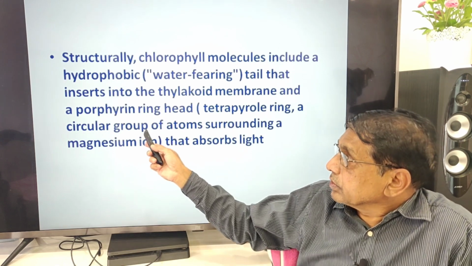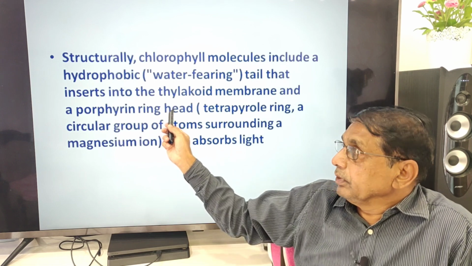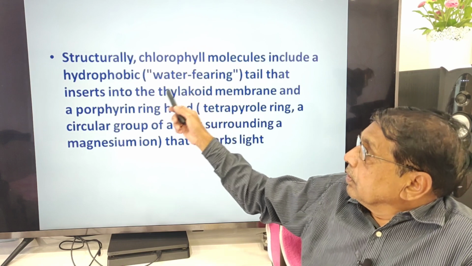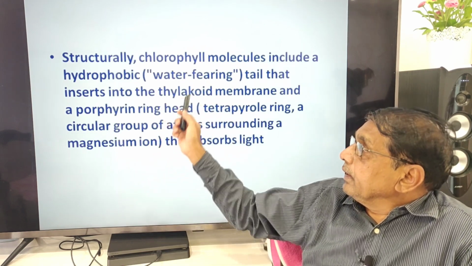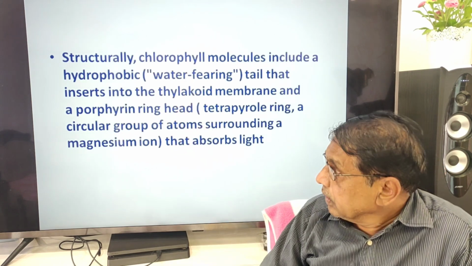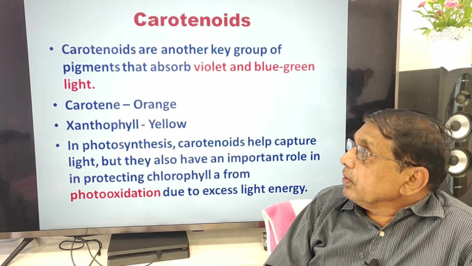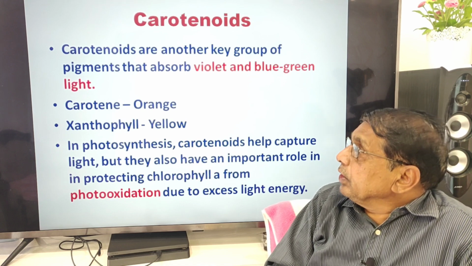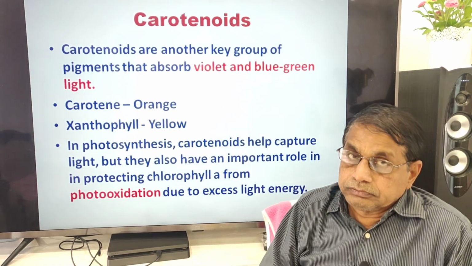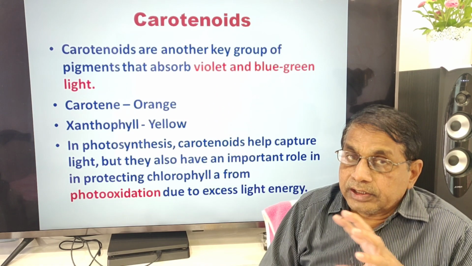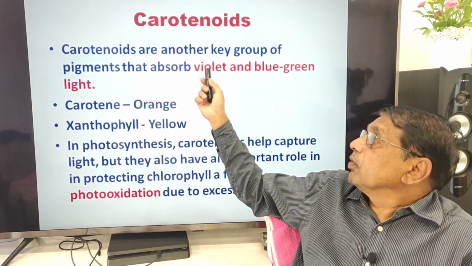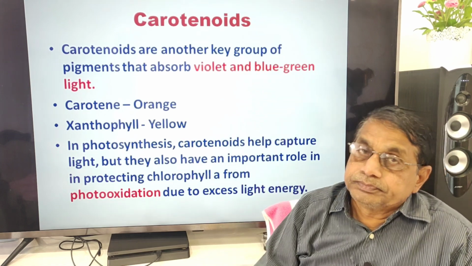So there are 2 regions, a porphyrin head and a tail; the tail is hydrophobic, the head is hydrophilic. Then carotenoids are another group of pigments that absorb violet and blue-green. The light that is not absorbed by chlorophyll A and B is absorbed by the carotenoid pigments, violet light and blue-green.